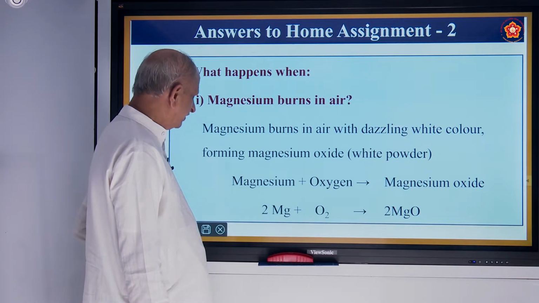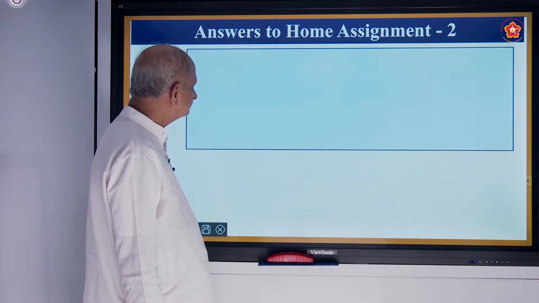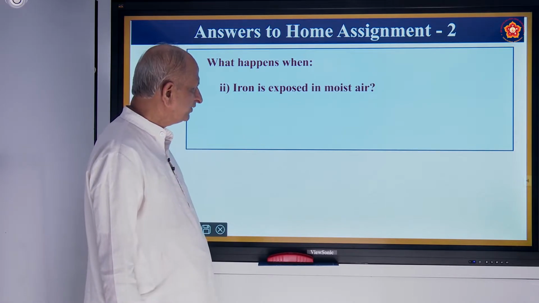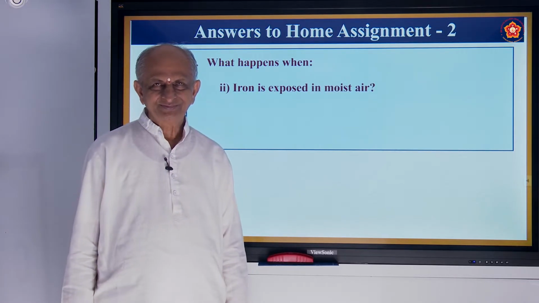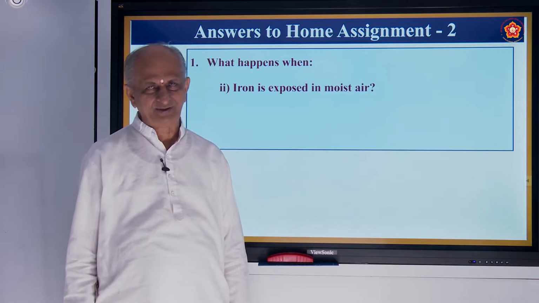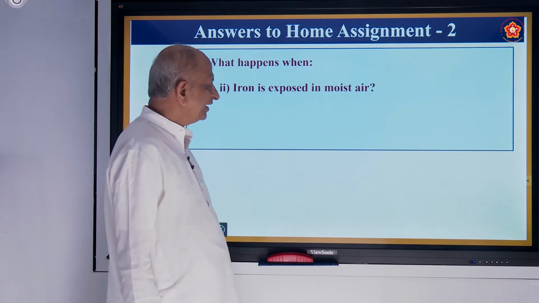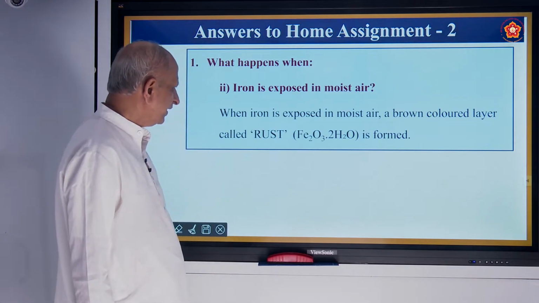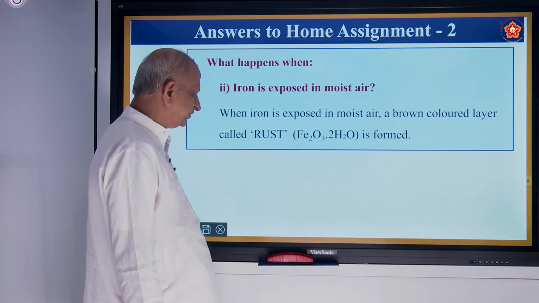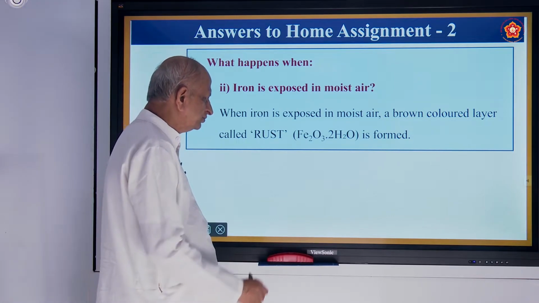Coming to the second question, what happens when iron is exposed to moist air? There was another question like this, same type. Come on, let me see who will answer. So, let us answer this first. When iron is exposed to moist air, a brown color layer called rust is formed.